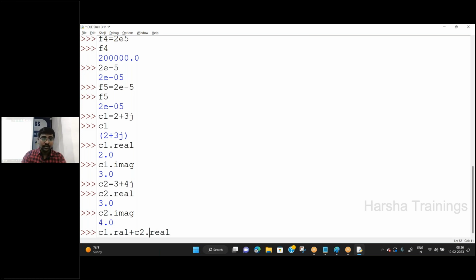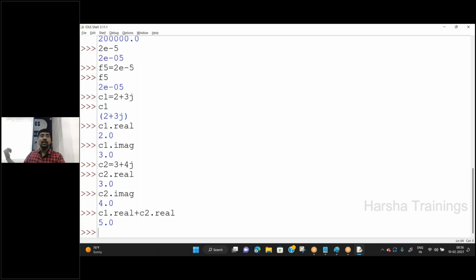Like this, you can perform the addition. 5.0, yes or no? Yes. Okay. So you can calculate the imaginary also. Finally, we club the real part and imaginary part into a complex number. How? We use a predefined function. After completion of data types, I will explain the functions.